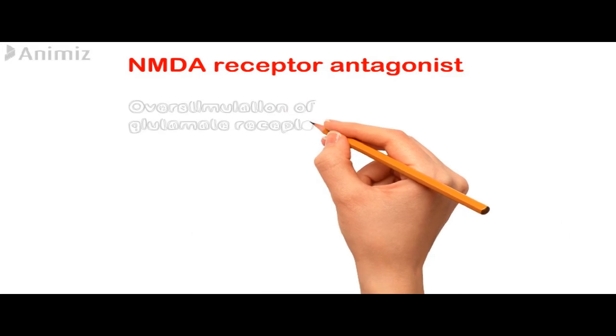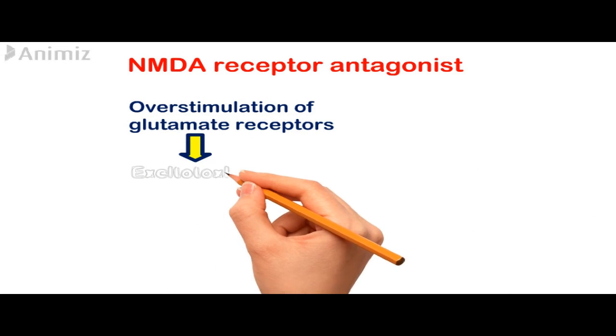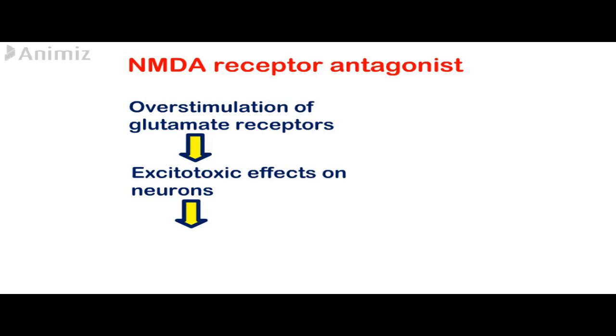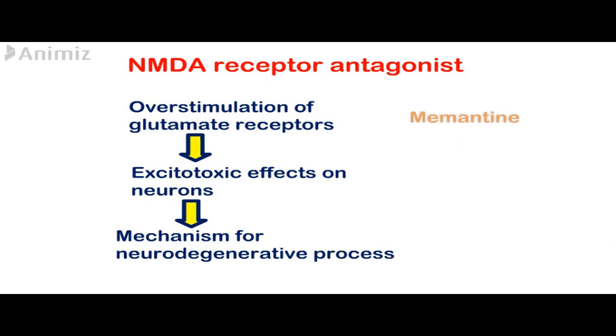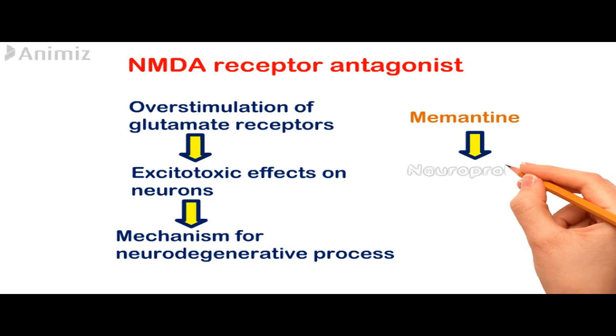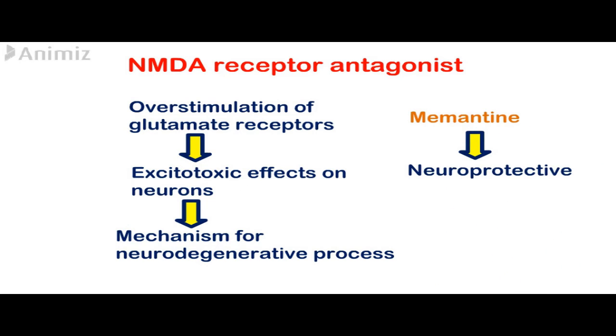Overstimulation of glutamate receptors, particularly the NMDA type, has been shown to result in excitotoxic effects on neurons, which is the mechanism for the neurodegenerative or apoptotic process.